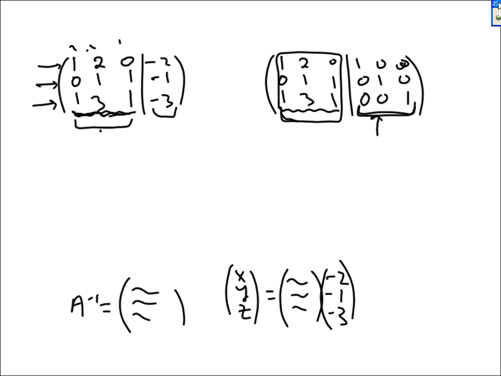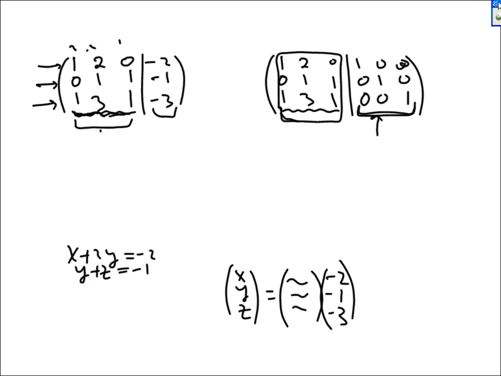So if you're not given the matrix, unless the problem says on an exam, solve by using inverses, don't solve this problem. Do not solve x plus 2y equals negative 2, or y plus z is equal to negative 1, etc. Don't solve this by inverses.